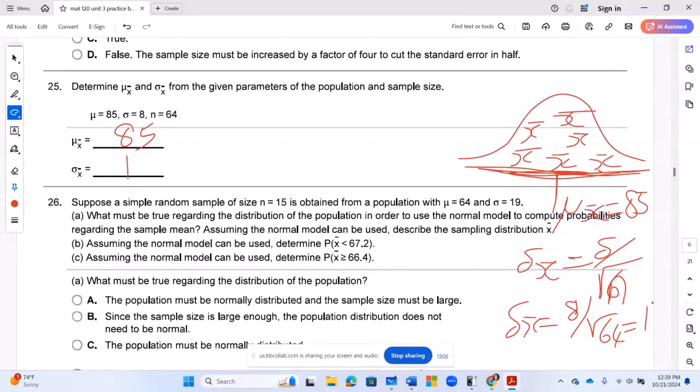Okay, let's go to number 26. Question number 26. Suppose a simple random sample of size n equal to 15 is obtained from a population with mean mu x equal to 64.